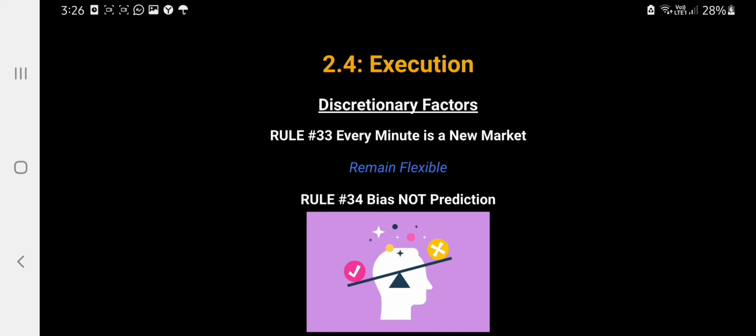So by predicting that, what does that do to me subconsciously? It makes me look for every possible reason why Bitcoin will go to 50K instead of keeping an open mind and, like Rule 33 says, adapting to the new market every minute. So do not make predictions. It's okay to have a thesis where you say, if price does this, then I think we can go to this level.